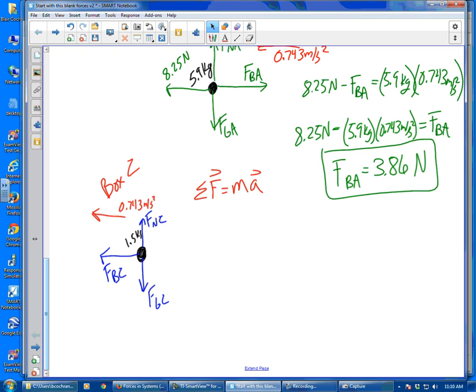Well, remember, it's a vector, so I can move it wherever I like as long as I keep its direction constant. So I had it pointing to the left. And it doesn't matter if I have the tip of the arrow or the tail of the arrow on the center. I tend to put the tails.